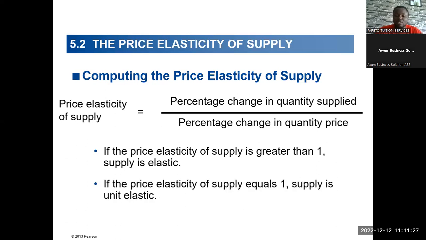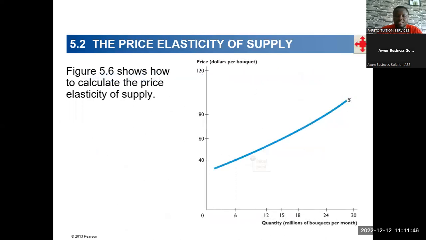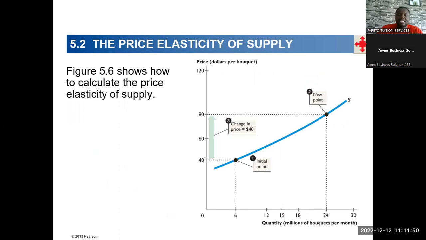If it's exactly 1, unit elastic. If it's less than 1, it's inelastic.